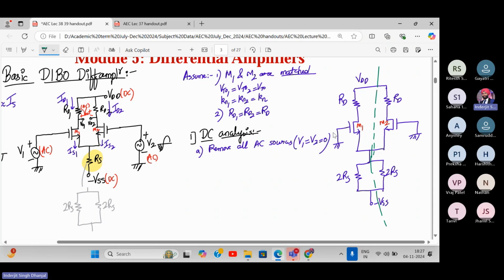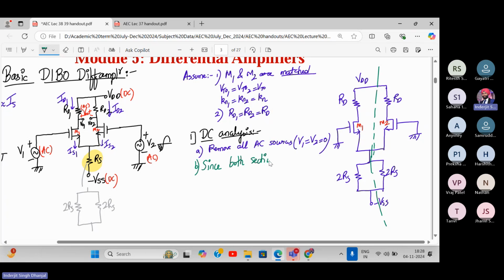So we need not analyze the entire circuit. We can analyze the half circuit. So this left half circuit and right half circuit are exactly same. If you stand in front of a mirror, you see yourself, right? So this M1 part of the circuit, if it stands in front of the mirror, it will see its M2 counterpart, which is the same.